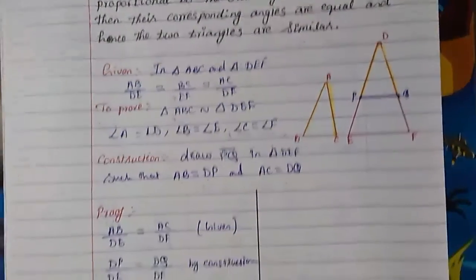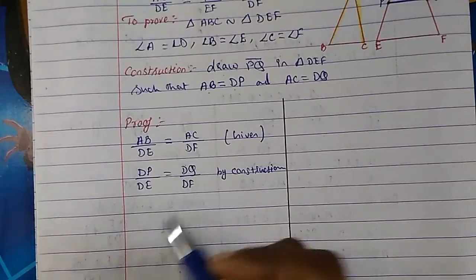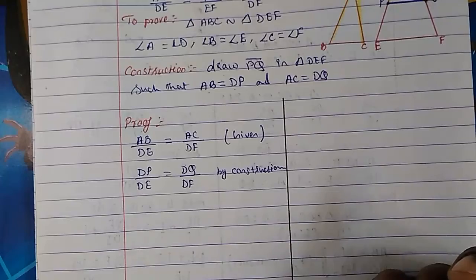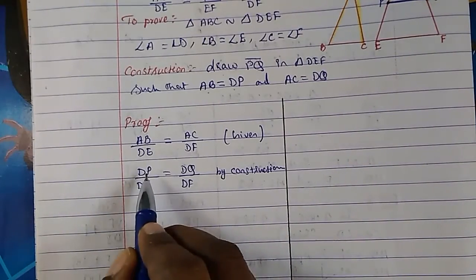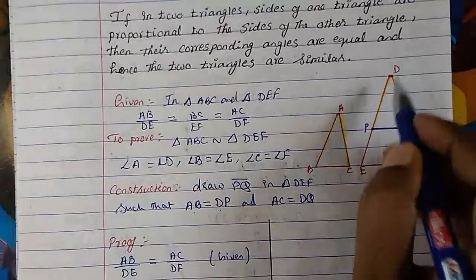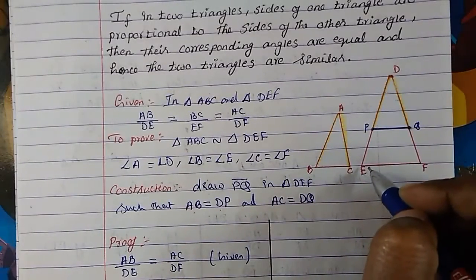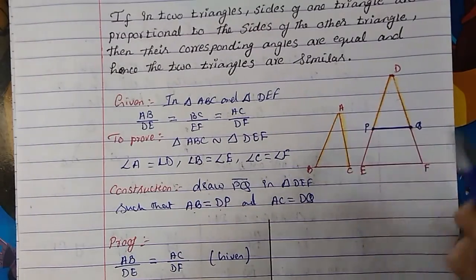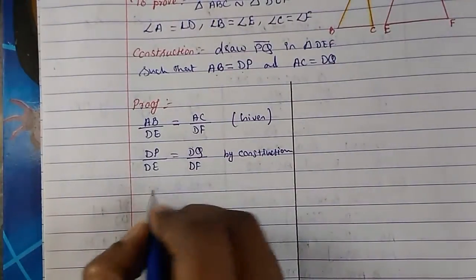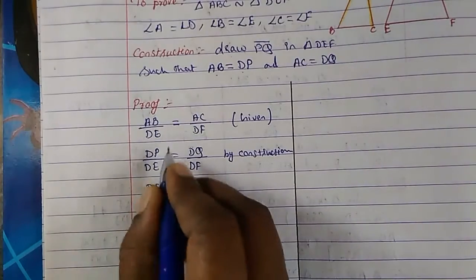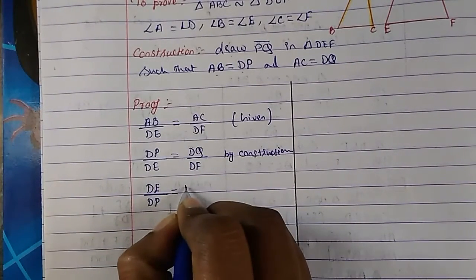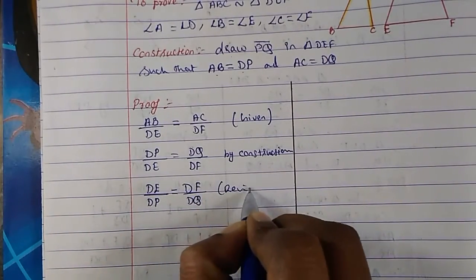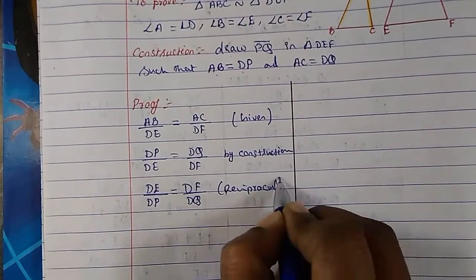So let's convert this into a proportion where we can use the converse of PPT. So instead of DP upon DE, we will write DE upon DP, just the opposite. DE will go up and DP will come down. Just what we did, the reciprocal.